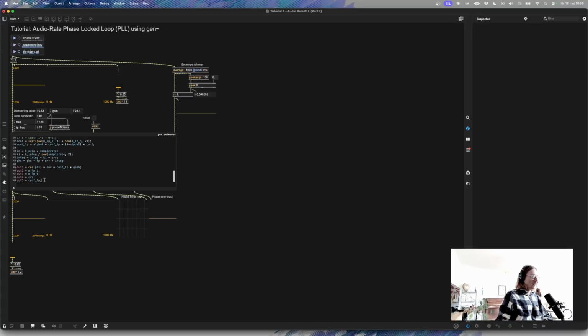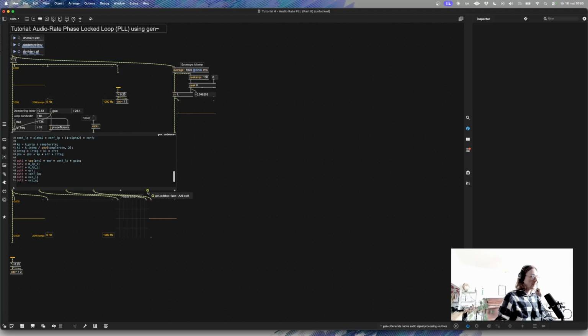So the way this would work is that we not only output the cosine here, which is the in phase, but we add two more outlets with the I component and the Q component of the PLL.